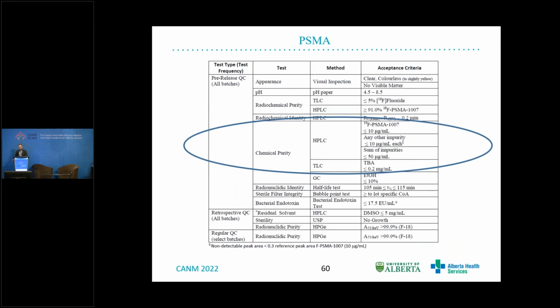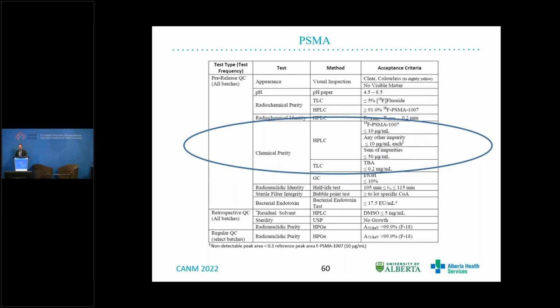And for these types of products, the non-FDG radiopharmaceuticals, the complexity in quality control steps up a bit because it's not as straightforward. Specifically, we do need to measure the actual chemicals in the product, like the cold PSMA and the precursor, if there's anything still in the product.